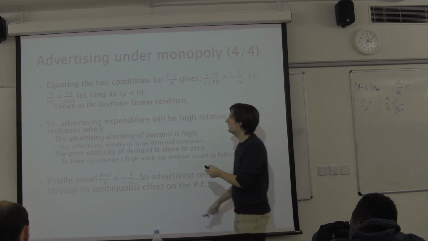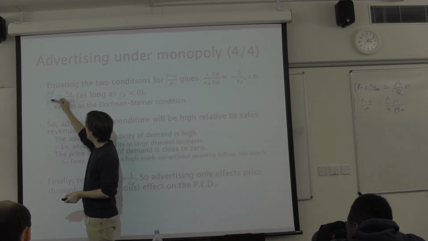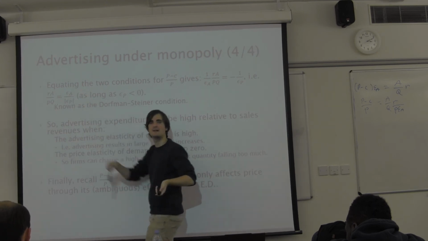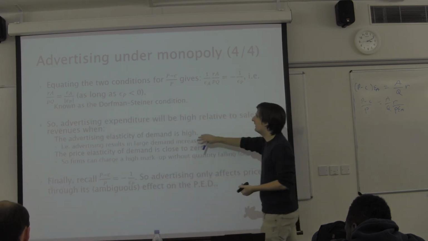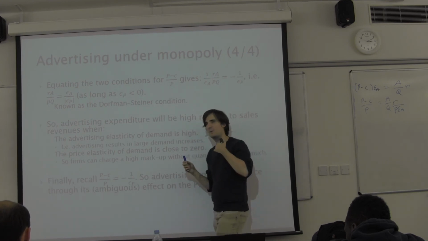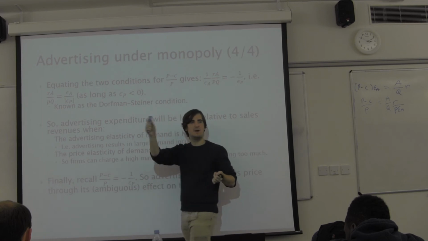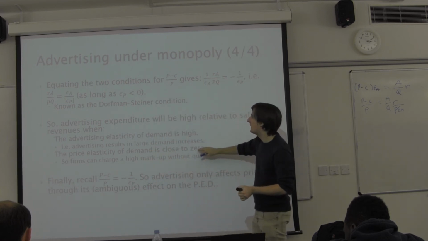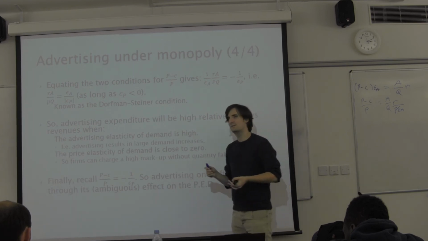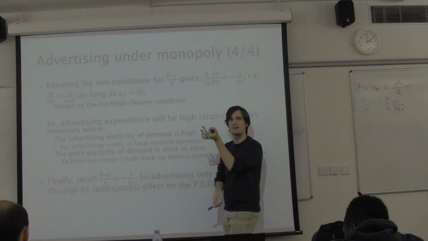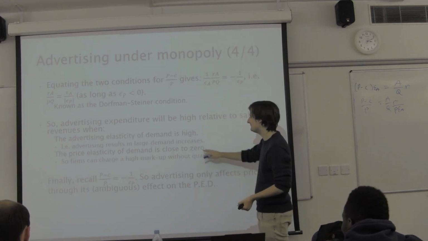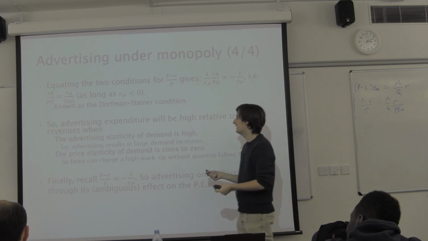This thing is going to be high compared to that thing when either the advertising elasticity of demand is high, so one unit of advertising increases demand by a lot, or when the price elasticity of demand is low. Low means close to 0, as the elasticity is negative.